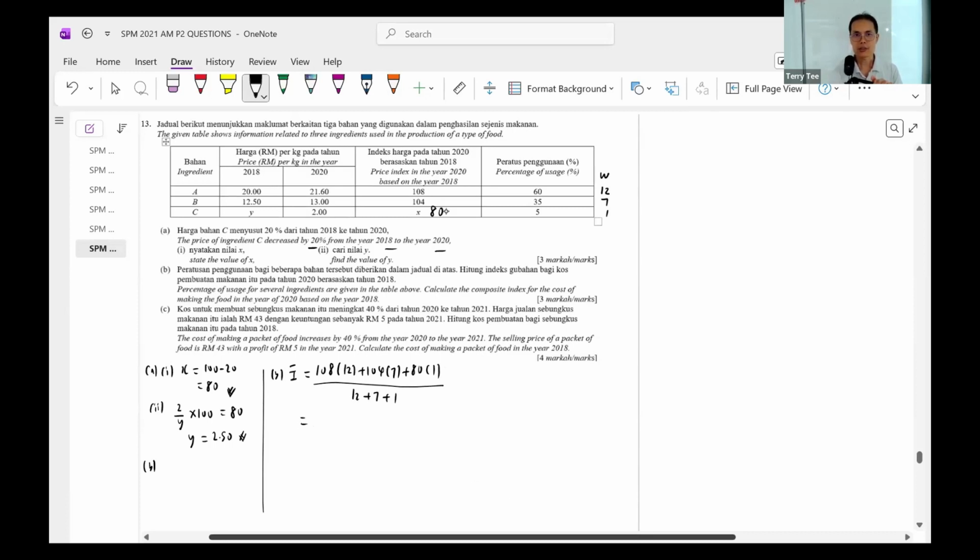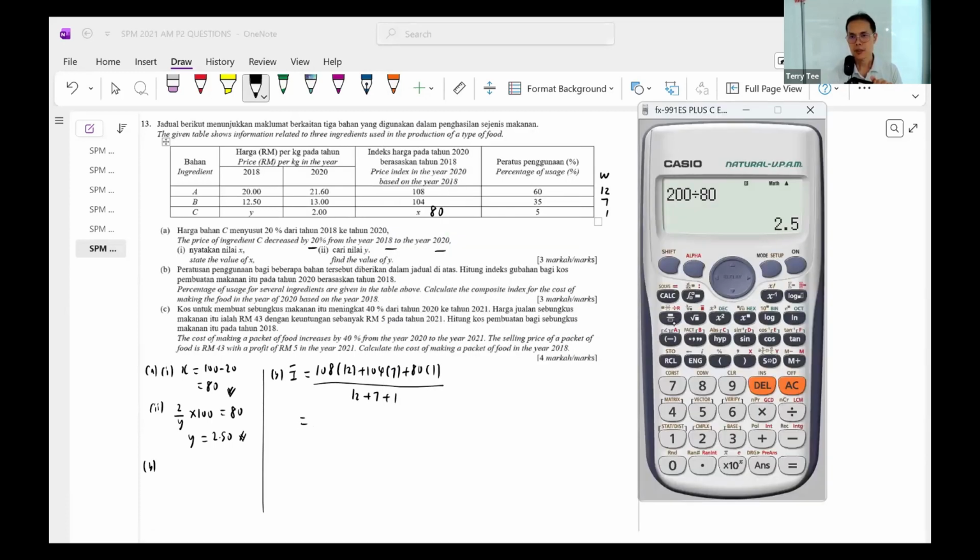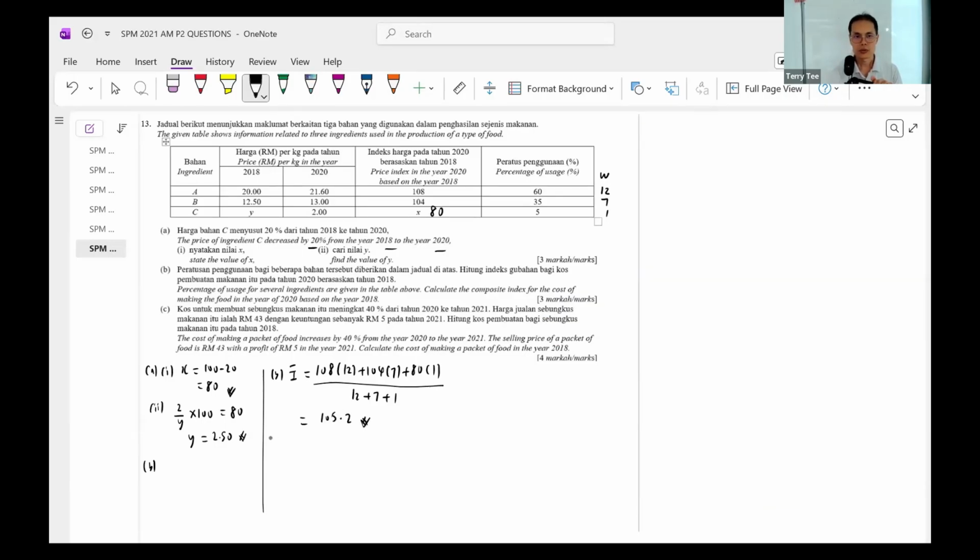Okay, so on the calculator, let us take 108 times 12, 104 times 7, 80, divided by 20. Yeah? So I got 105.2. All right, that is part B.